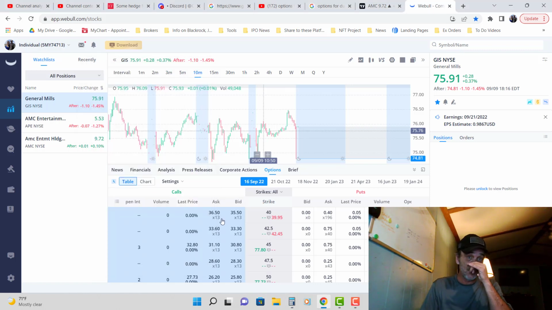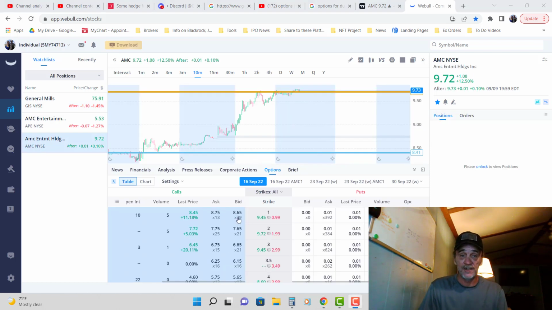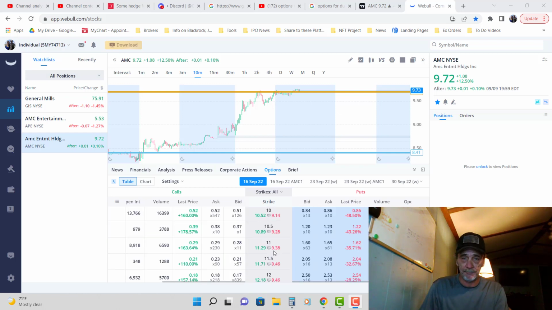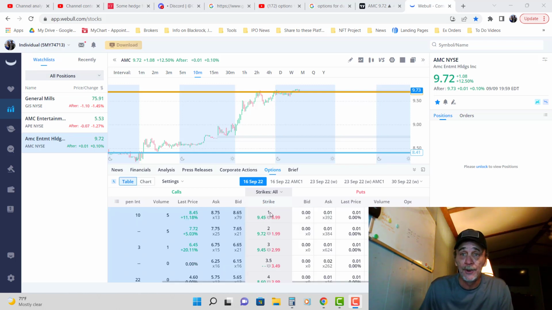So what you want to do is try to find an option where the spread is as little as possible. For example, with AMC, you can look and see, hey, this one's a 10-cent spread. Over here on AMC, if you wanted to get a $1 call, you're $8.72 in the money. It's going to cost you $8.75 to buy that. But the moment you do, there's a 10-cent gap there.